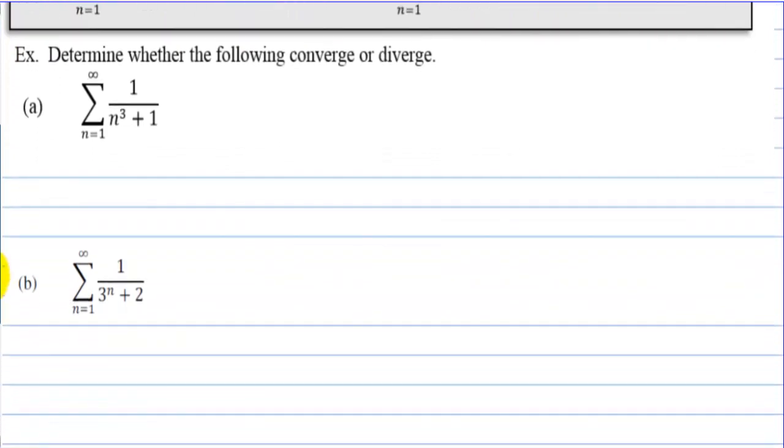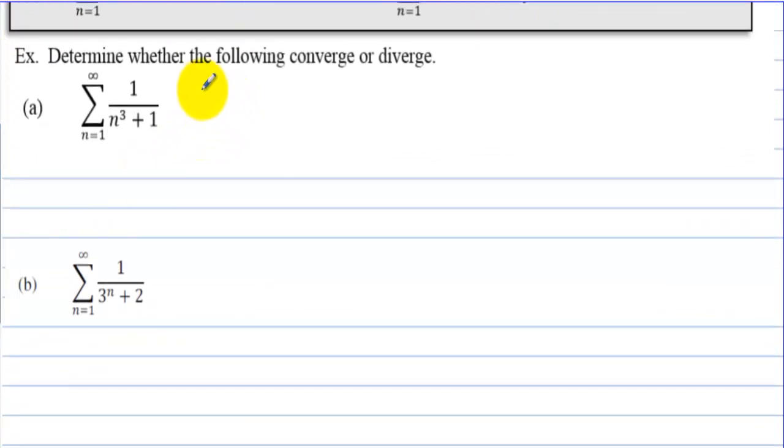Example, determine whether the following converge or diverge. Let's compare this to the sum from n equals 1 to infinity of 1 over n to the third. Now, because the denominator is fairly simple, we can state that 0 is less than or equal to 1 over n to the third plus 1, which is less than or equal to 1 over n to the third.